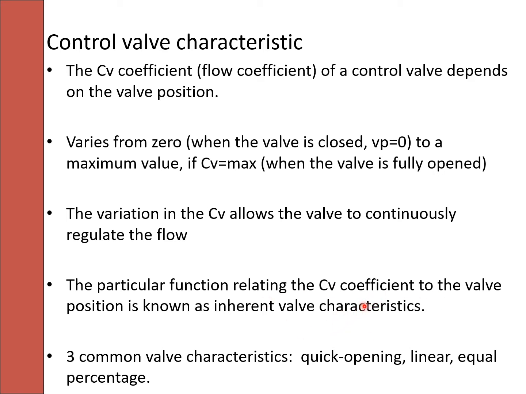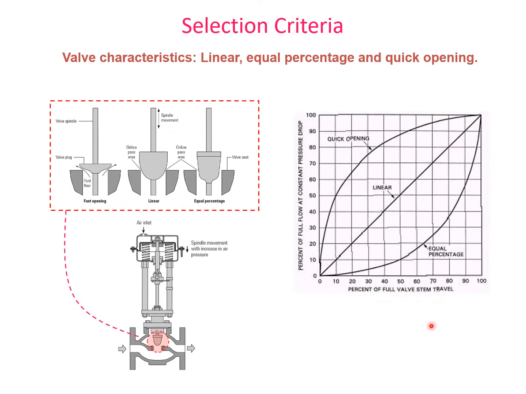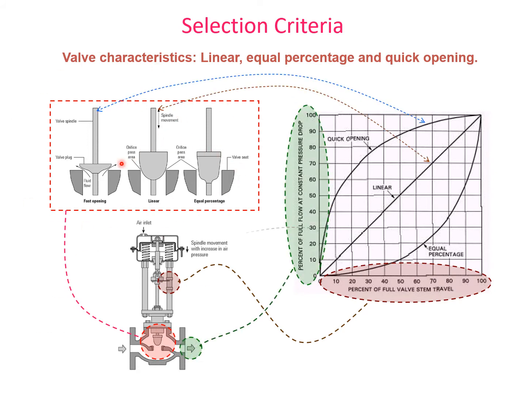We have three types of valve characteristic, which are quick opening, linear, and equal percentage. We can see from this figure that we have three different types of characteristic. Normally the difference is in the seat structure.